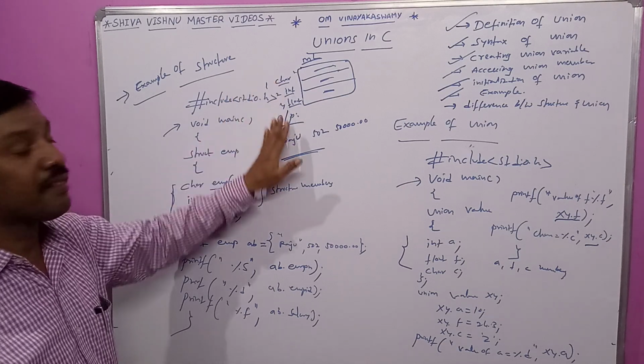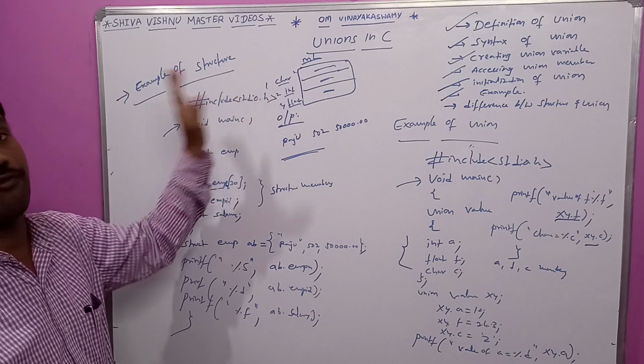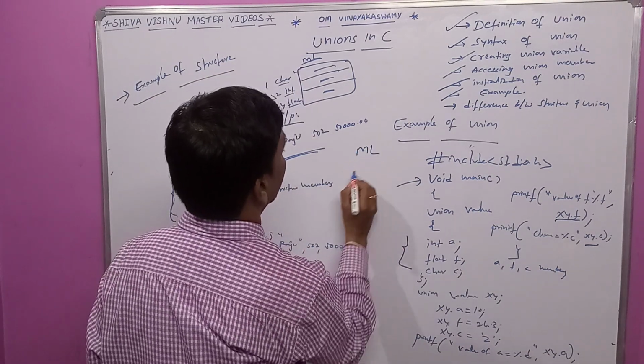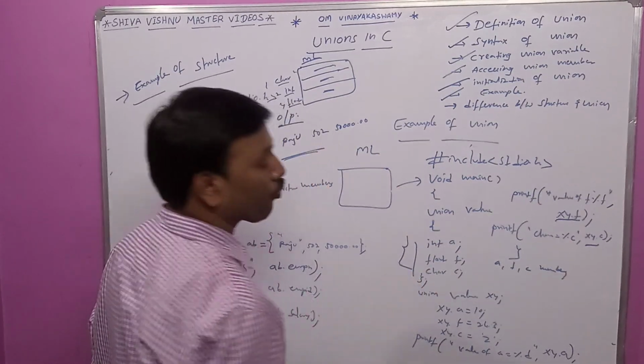In structure, you can allocate memory individually, but in union, here you can see the memory location. In union, here also the int, float, character.